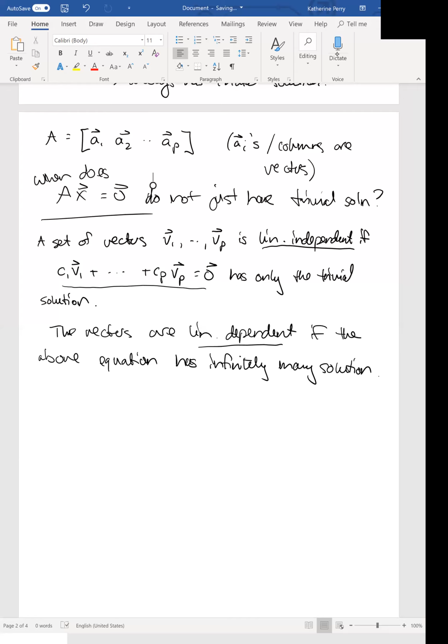But given some set of vectors, how do we determine whether they're linearly independent or linearly dependent?